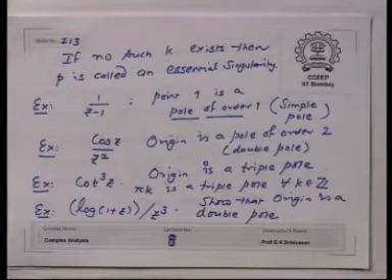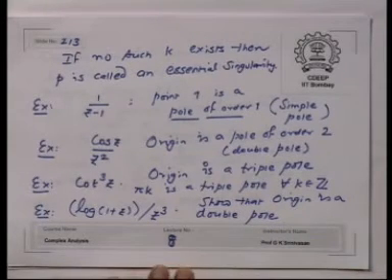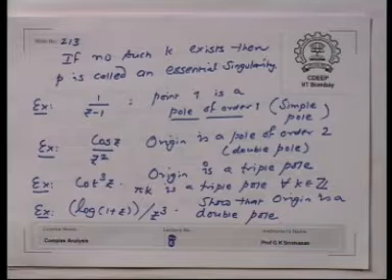Next example is log of 1 plus z upon z cube. Exercise: show that the origin is a double pole. When you multiply by z squared, you get log of 1 plus z upon z, and you can calculate the limit as z tends to 0. The limit turns out to be 1. So, the origin is a double pole.